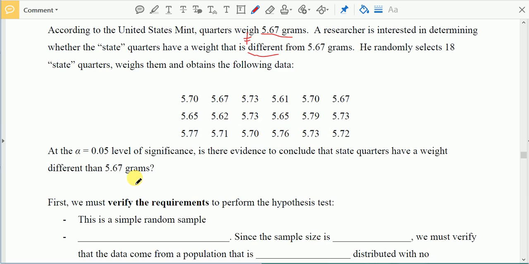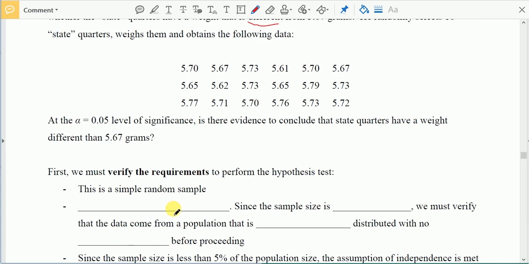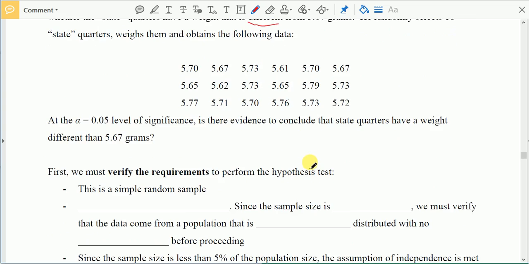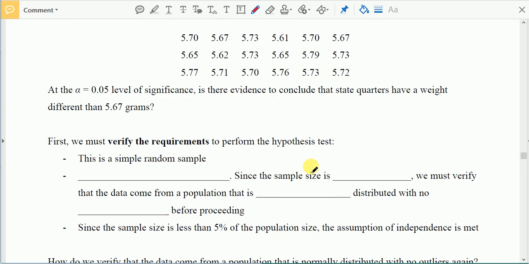So before doing anything, first we must verify the requirements to perform the hypothesis test. This is a simple random sample, yes, because we randomly selected, right? Now n, we only have 18 data, 18 quarters here, and 18 is less than 30.